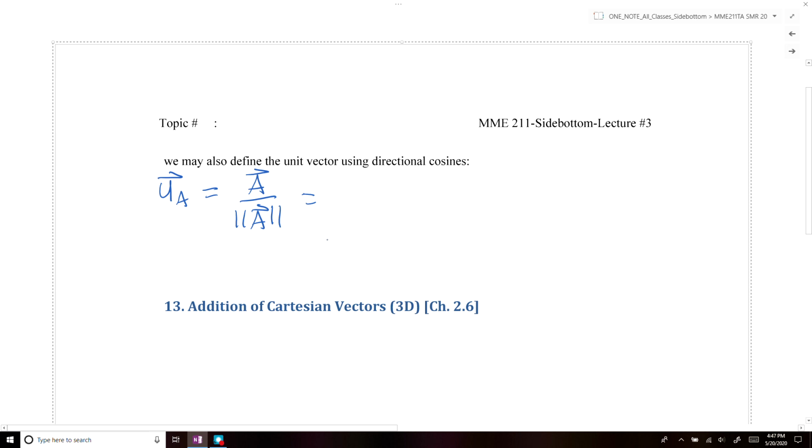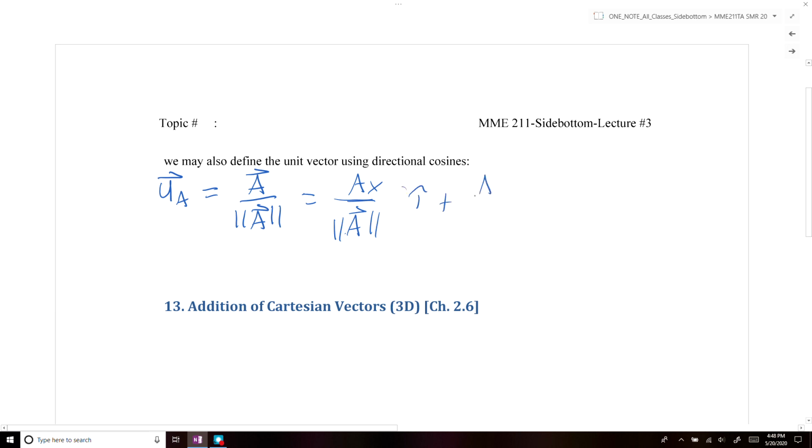So that's the same thing as A of x divided by the magnitude of A times i, plus A of y divided by the magnitude of vector A times the unit vector j, plus A of z divided by the magnitude of vector A times vector k.